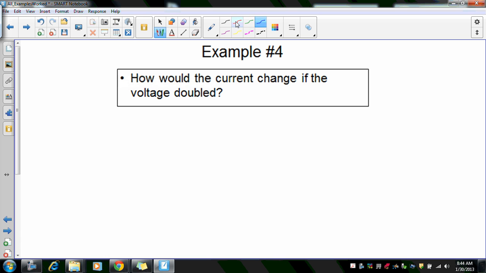All right, last example. How would the current change? So again, we're looking for how current changes if the voltage doubled. So again, this is a factor problem. There are no values with numbers and units. So voltage is doubling. So we start with V equals IR.